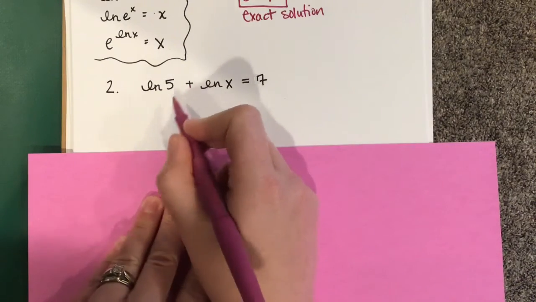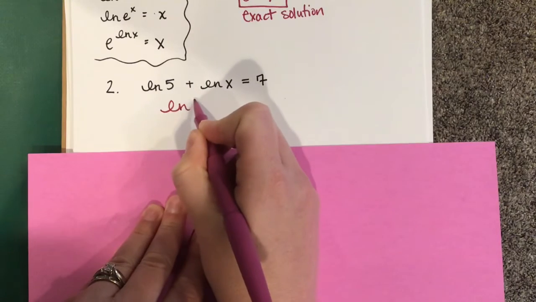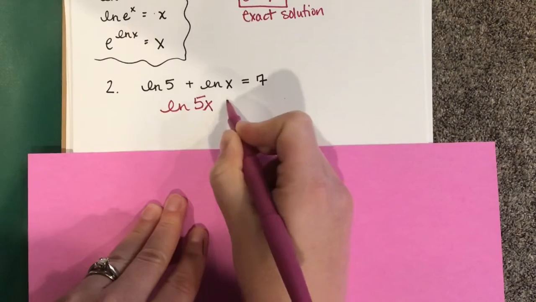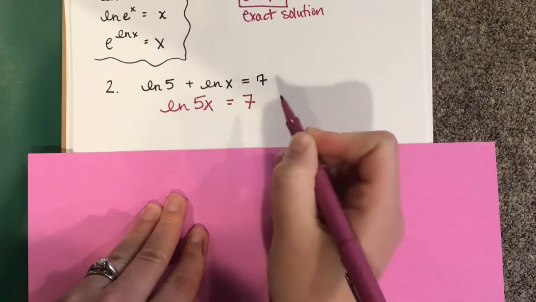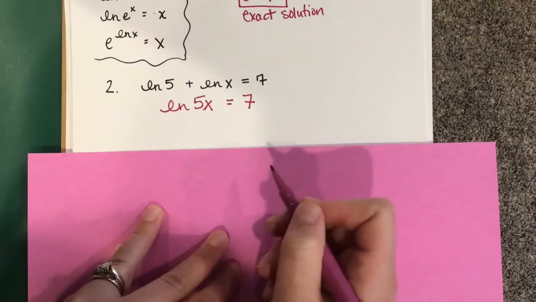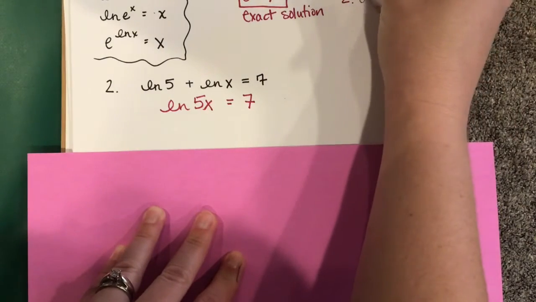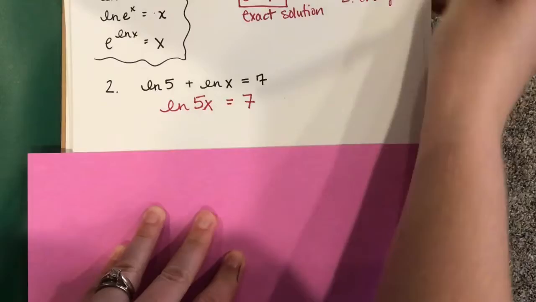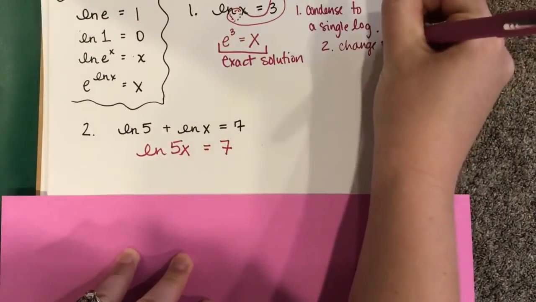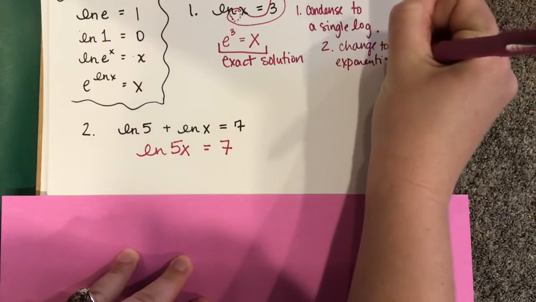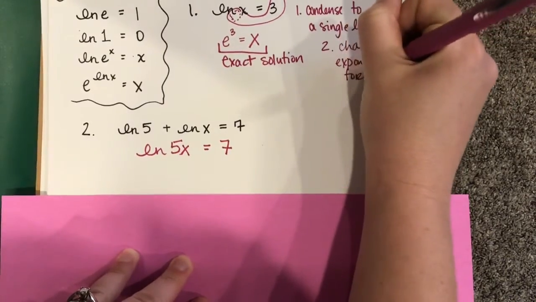If it's addition, it condenses with multiplication. Now, we're going to do the same thing, though. Once you guys have it condensed to a single log, then you need to change it, bring it down so you can see it, to exponential form. You need to canoe it.